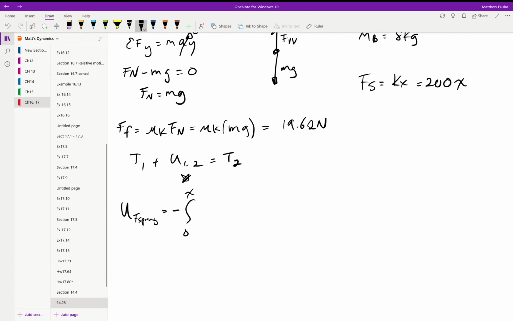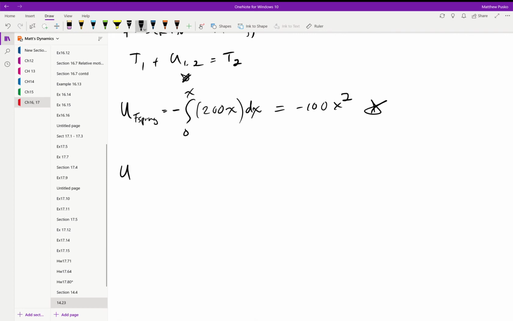The force we found is equal to 200x, integrated with respect to x. This gives us a minus 100x squared. We have to hold on to that.